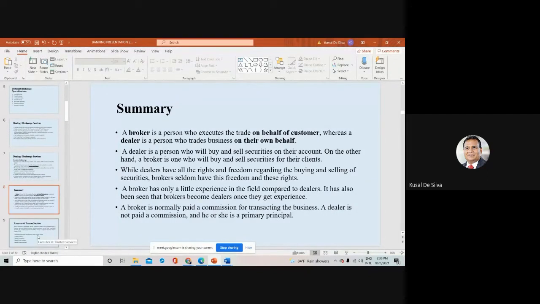So this is the summary of broker dealer services available in Sri Lanka, basically, and some of the banks have already stepped into these areas and are making money.